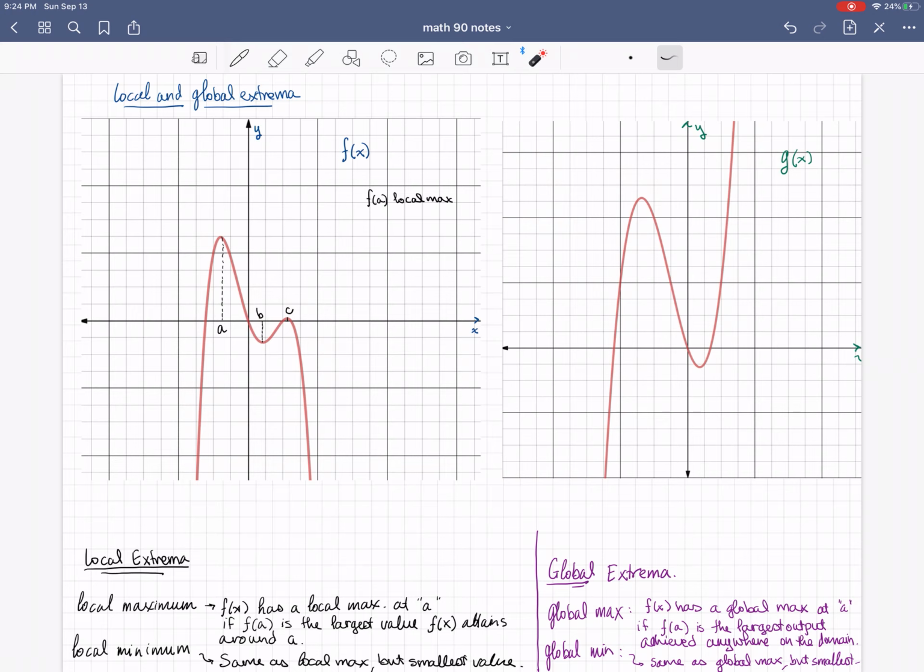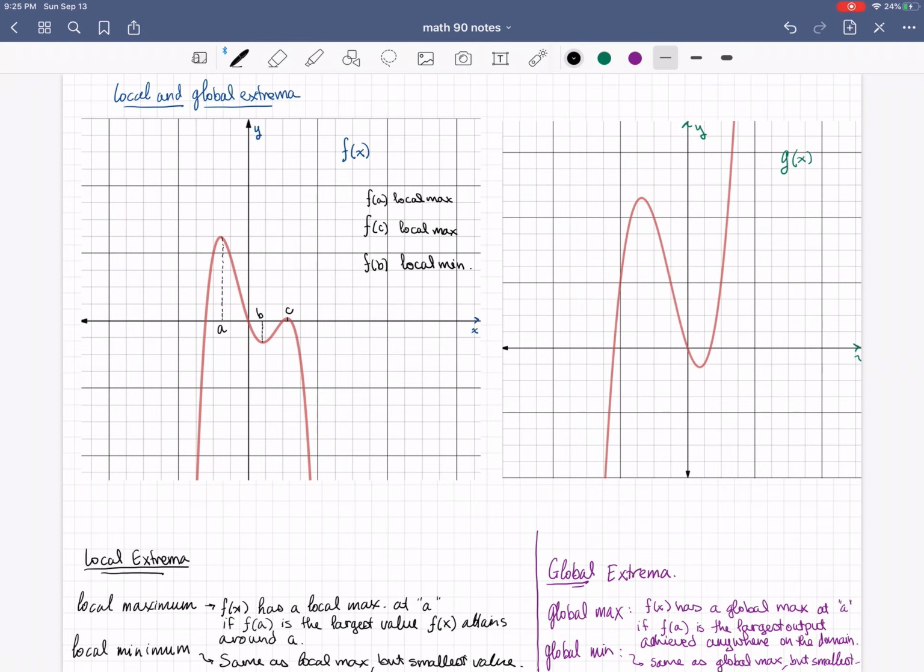Okay, so f of A, we have a local max. F of C, we have another local max. And then f of B, we have a local min. Now, let's look on the global side. The question that is really good to ask yourself when you're approaching this from a visual standpoint is, is there a highest point on the graph?